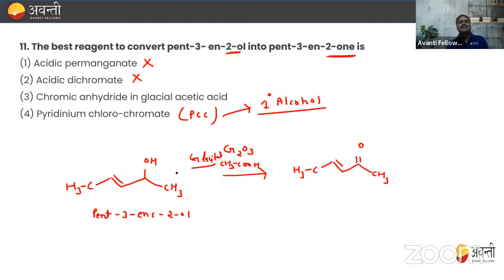Glacial acetic acid, right? So option number 3 is absolutely correct. Always remember, if you have a primary alcohol, then you use PCC. In this question, you have to convert pent-3-en-2-ol into pent-3-en-2-one, so for the conversion of a secondary alcohol, the better reagent is chromic anhydride in glacial acetic acid. Did everyone understand? Tell me quickly once. Is it clear?